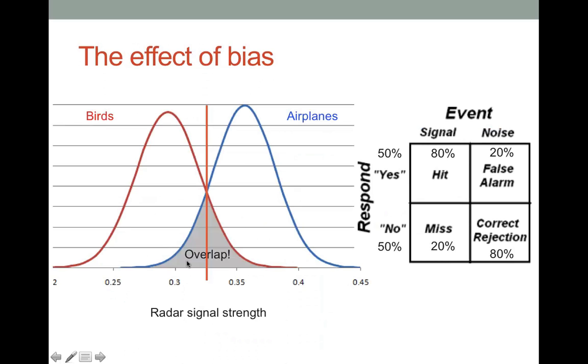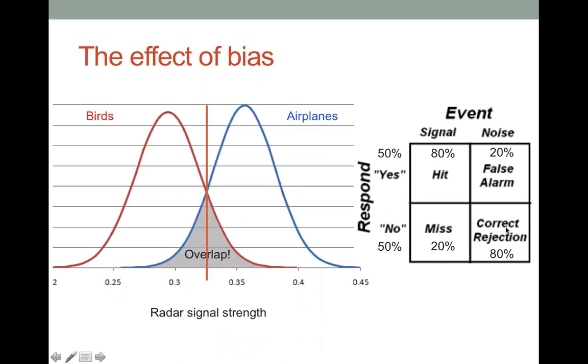And then this bit over here is roughly 20%, the misses. So the hits plus the misses will always add up to 100% because together they are this whole distribution of airplanes. I could shift this criterion and have more misses and less hits, or the reverse pattern.